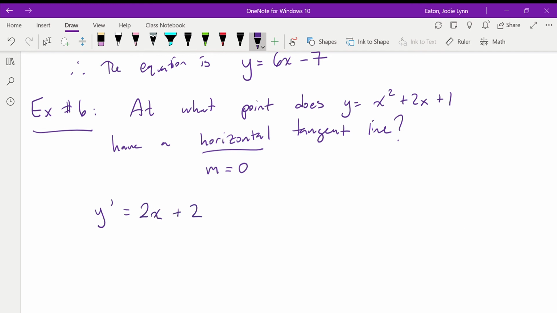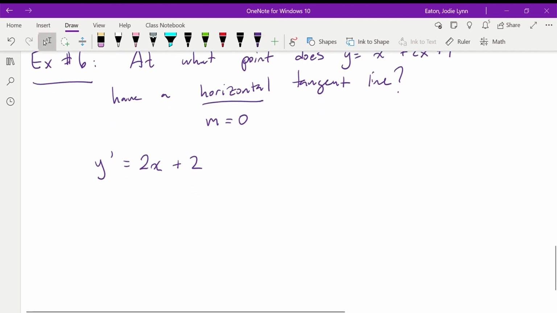We're using our power rule and our sum rule, which is that we take our x squared, multiply by the power, drop the power by 1, giving us 2x, plus 2x, drop the power of x, multiply by 1, drop the power by 1, which gives us just 1, so it's 2 times 1, or just 2. So y prime at any point is 2x plus 2, but we're looking for the point where m equals 0.